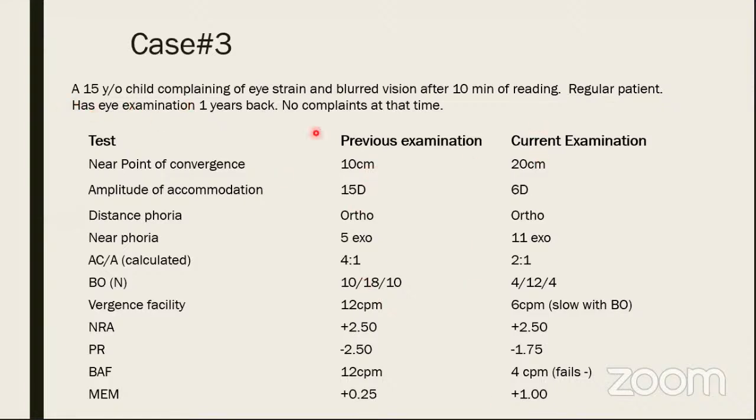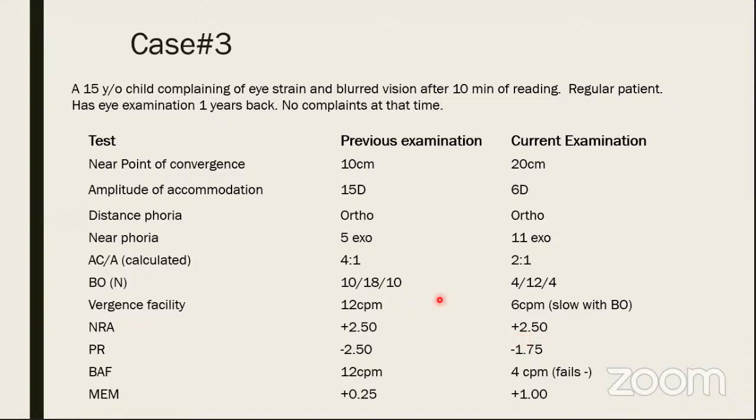The child came with the issues of eye strain and blurred vision at near. So these were the findings. The near point of convergence was 20 centimeters, amplitude of accommodation 16 diopters, distance phoria ortho, and there was a small increase in exophoria at near, and the calculated AC/A ratio was actually reduced. Vergence facility was slow with base out, and base out values were also low.